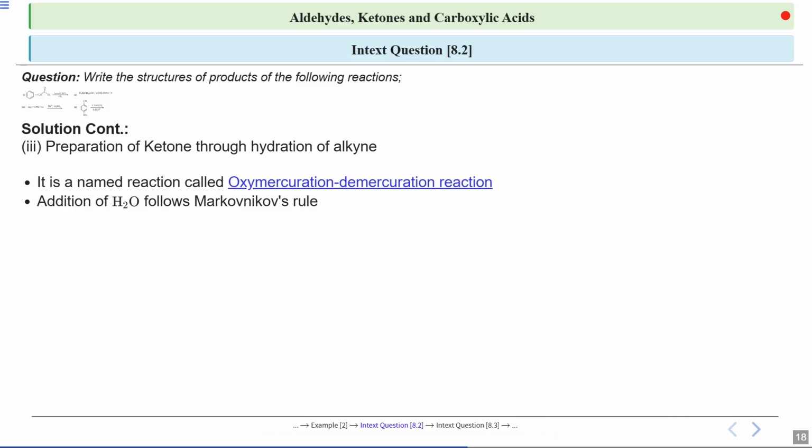If we look at the overall reaction, you will see the hydration of propyne with dilute sulfuric acid in the presence of mercuric ion, and this will finally give you a ketone, which is acetone.